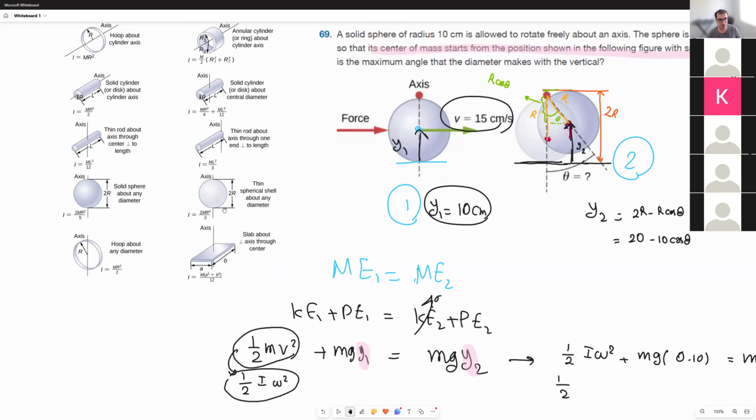Which one is the solid sphere? Only this, right? Are you going to use two over 5 mr squared? Are you going to use this?